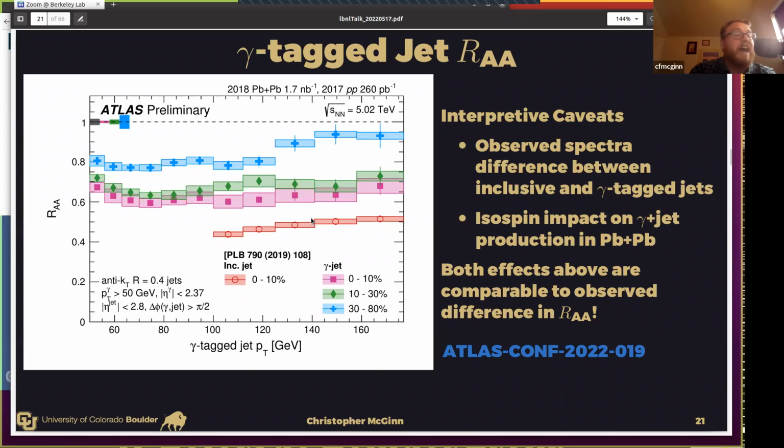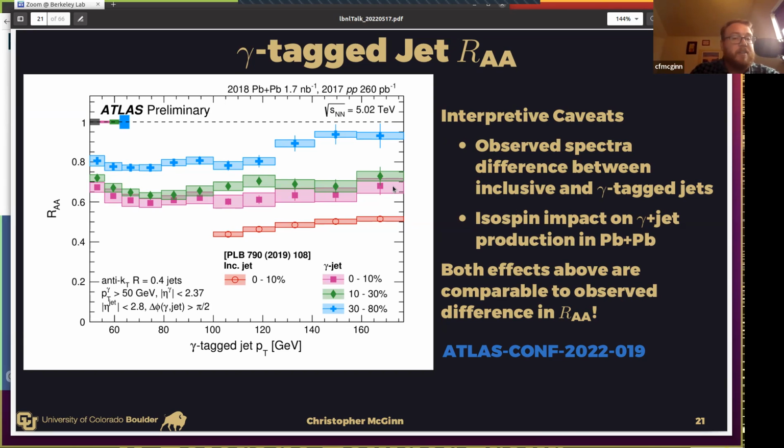Now, interpretive caveats. I've already gone over that there is a spectral shape difference. That spectral shape difference, I think, goes against the current difference you see here between these two. In other words, it would make this gap larger. However, it would make the gap larger on about the same scale as we already see the gap.